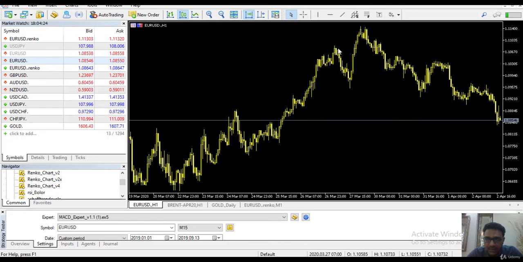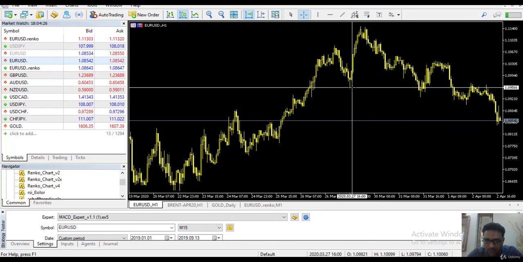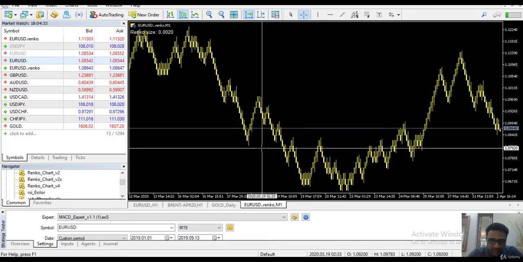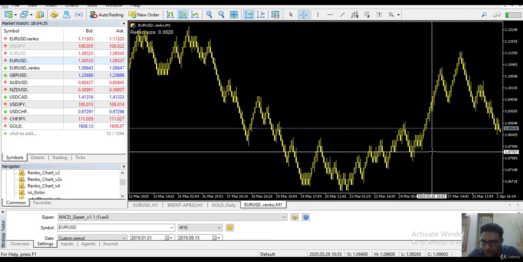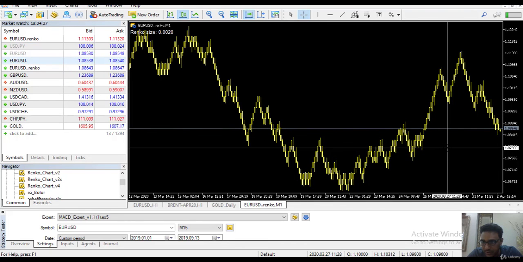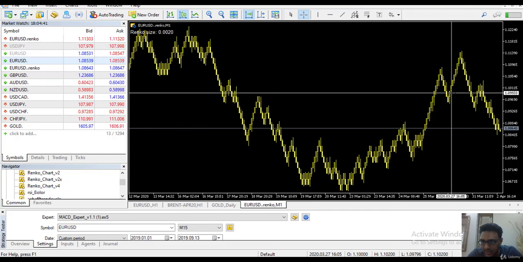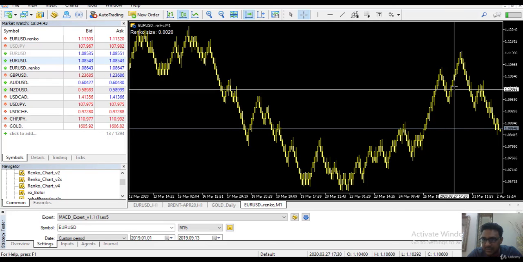Let's move and watch the other candle we used to look at. We were looking at this area, this was the 27th of March, 5 p.m. Yes, I think this is the area. This is the one.